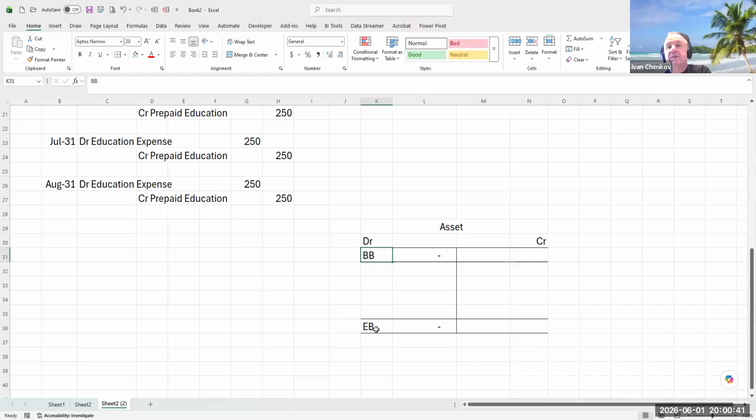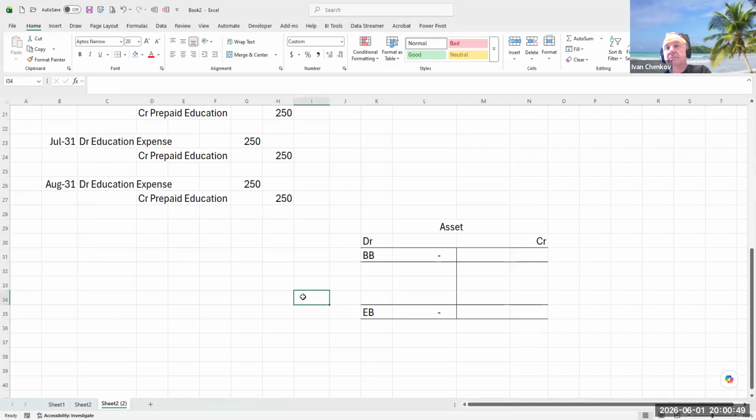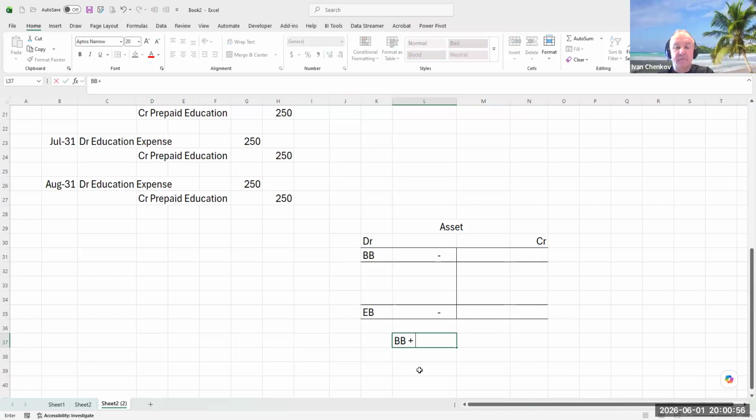Now, what's interesting with the asset account? Beginning balance plus the debit is always going to be equal to credit plus ending balance.